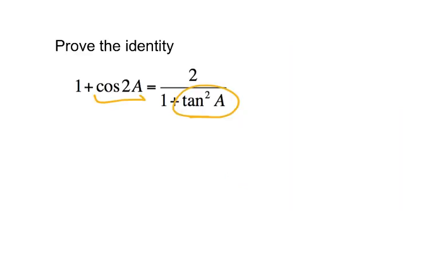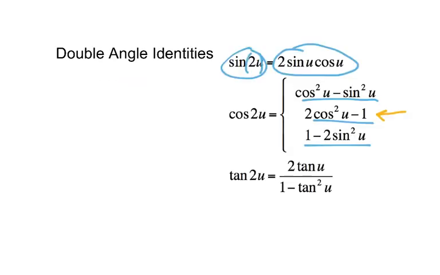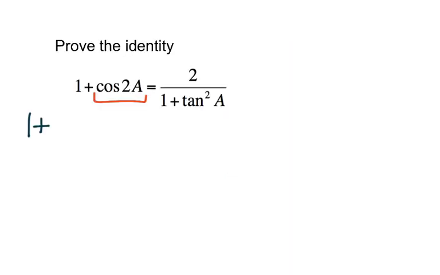If we take a look at altering the left side, I'm going to rewrite cosine of 2a via that double angle identity as 2 cosine squared a minus 1. So you can see that now we have a 1 that's being added and a 1 that's being subtracted, and so we can probably go ahead and take those away.